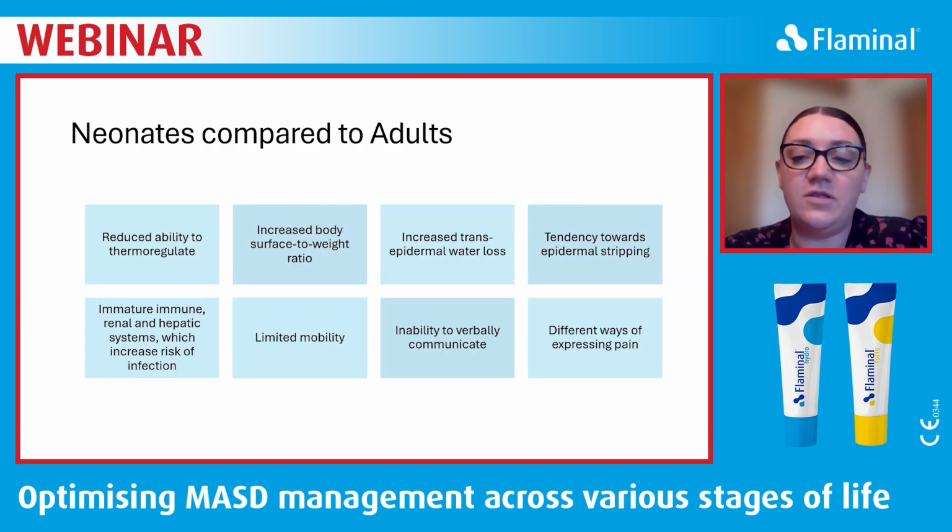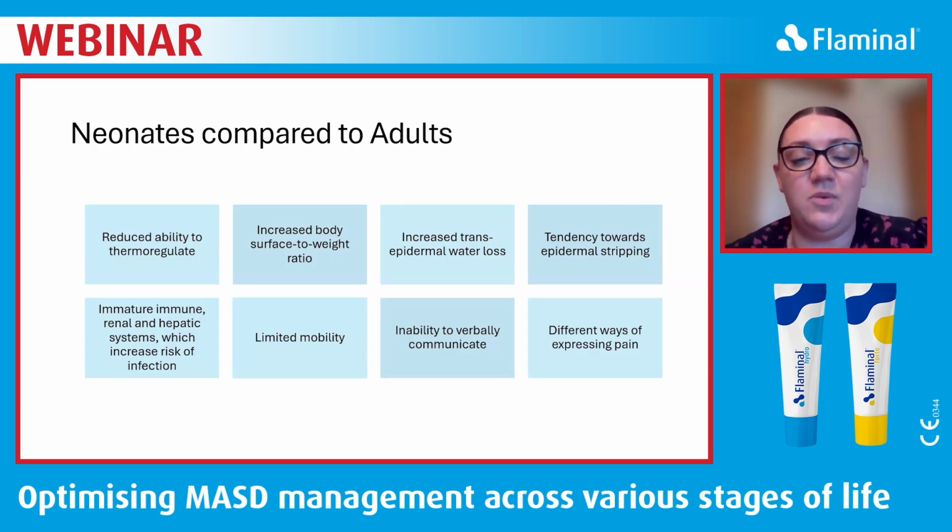They've got an increased transepidermal water loss as well, so it's about how we can make sure that we're keeping that moisture level balanced within the skin. They've also got tendencies towards epidermal stripping, so with anything that we're putting on their skin that could be adhesive, we're at an increased risk of losing that epidermal layer. They've also got an immature immune and renal system, so that increases their risk of infection.